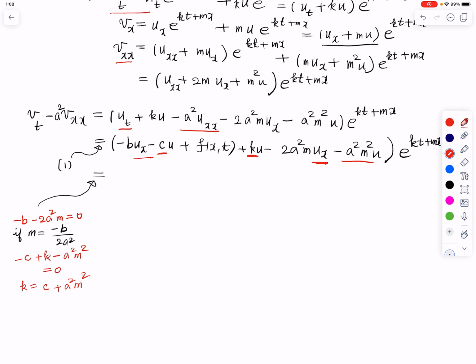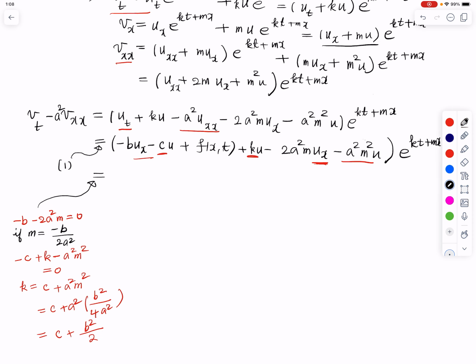My m square is b square over 4a square. That's my k. If we take k to be this number, then all terms are gone, so the only remaining part is fxt times exponential kt plus mx.